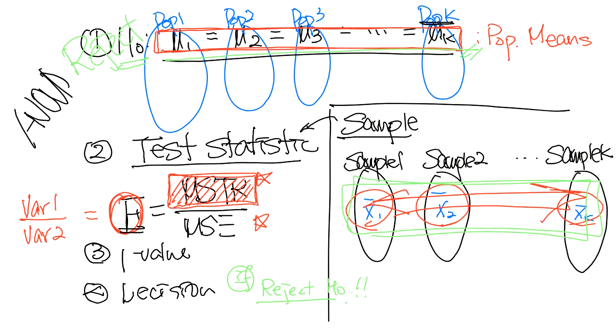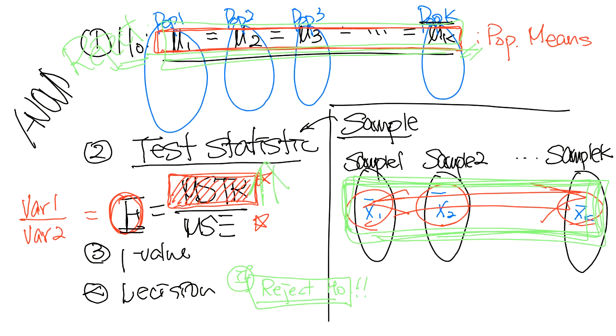Is it a bigger variance among the sample means or a smaller variance among the sample means? Bigger, thank you, yes. If I want to reject the hypothesis, if I want to say they are different enough, we need the bigger MSE. I'm sorry, bigger MSTR.